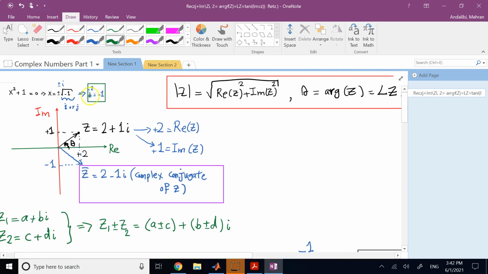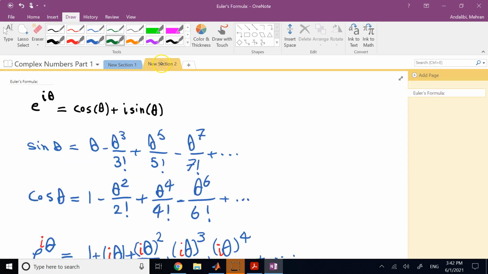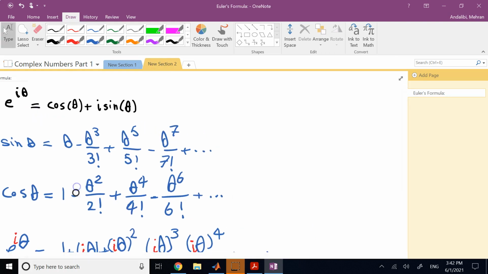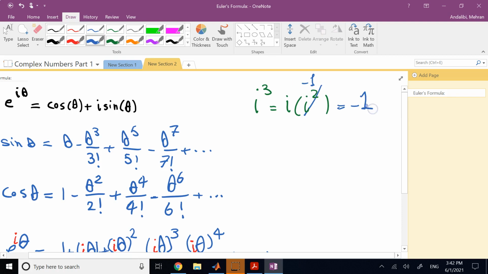Because i squared is -1, so what is i cubed? Well, i cubed means i times i squared. And since i squared is -1, this is going to be equal to -i. So i cubed is the same as -i.